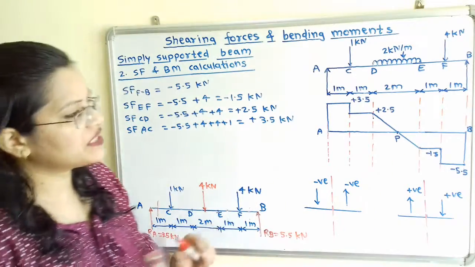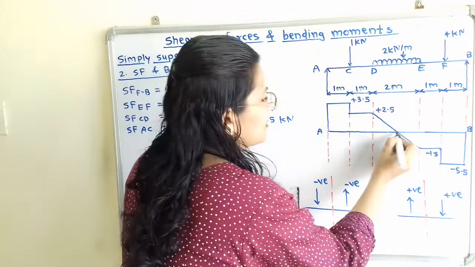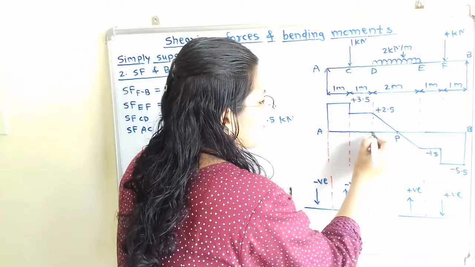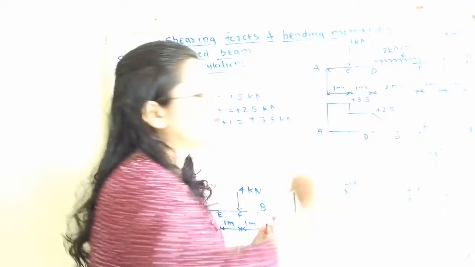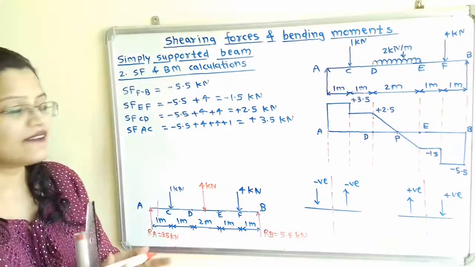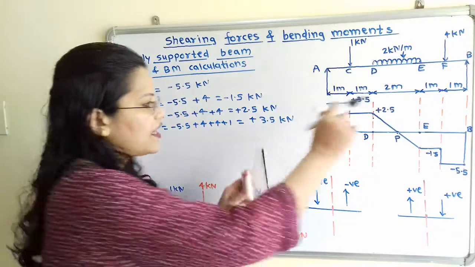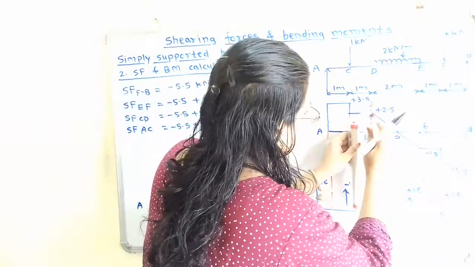Now the main question is we have to find out the distance of this P from this point D or from this point E. So how to find out? So for that we will make one construction. I will connect here this triangle.